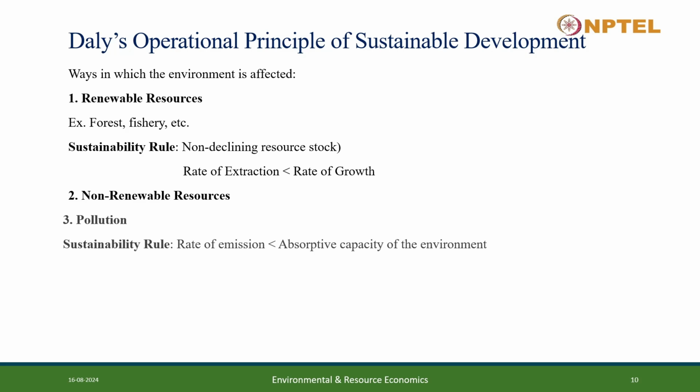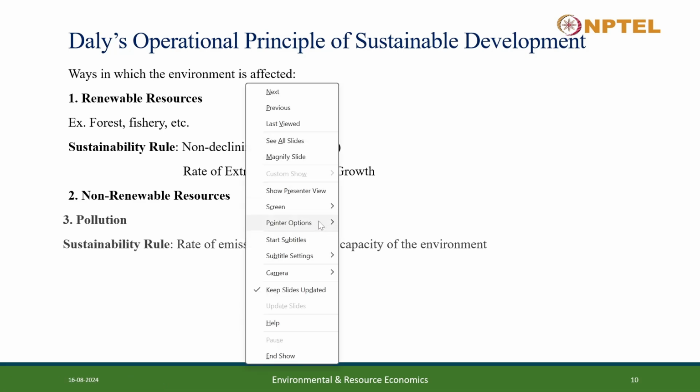Daly had given sustainability rules: if we follow these three rules, then sustainable development will be achieved. For renewable resources, he said that the stock of renewable resources should be non-declining.